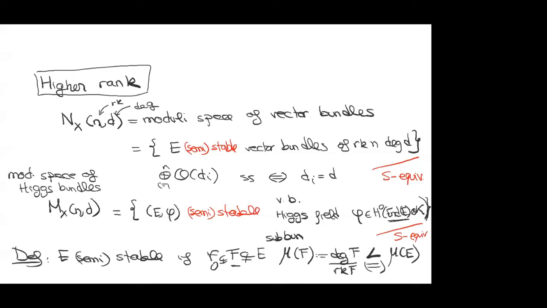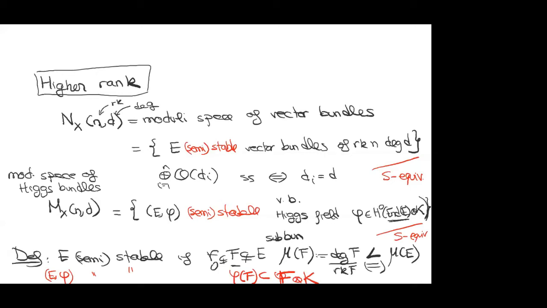Right, so in the case of a Higgs bundle, semi-stability is defined very similarly, but instead of taking all subbundles, we only consider those subbundles that are left invariant by the Higgs field.